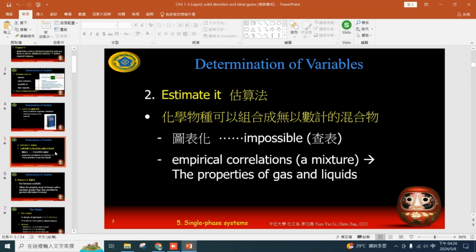So it is difficult for you to find out. That means it's impossible to find this, so you have to estimate. There are some equations, or you can use empirical correlations to find out the property. Okay. So this is the second method.